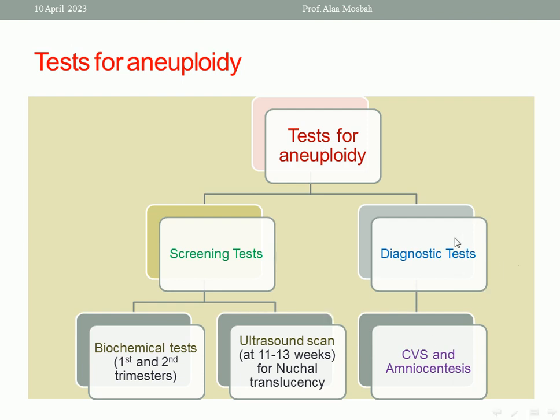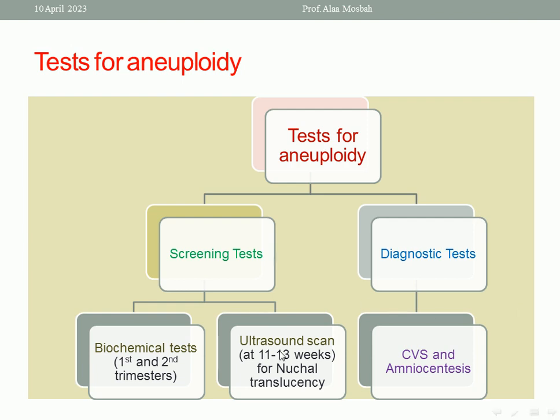So how can you reach this diagnosis? By chorionic villus sampling, taking a sample of chorionic villus and the evaluation of the cells for DNA and the chromosomal study, or amniocentesis and take fetal cells for examination for chromosomal study.